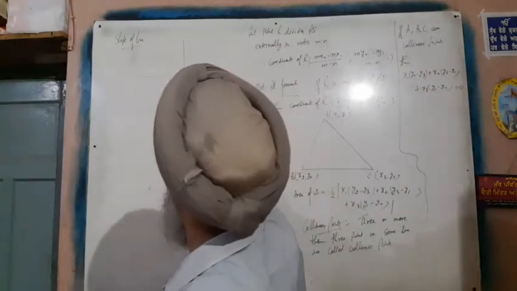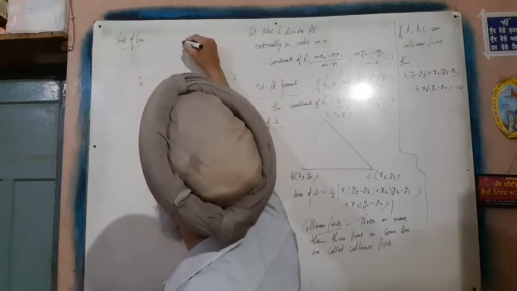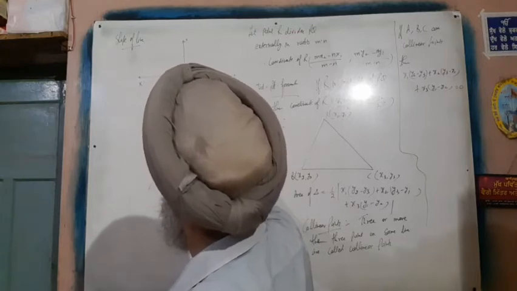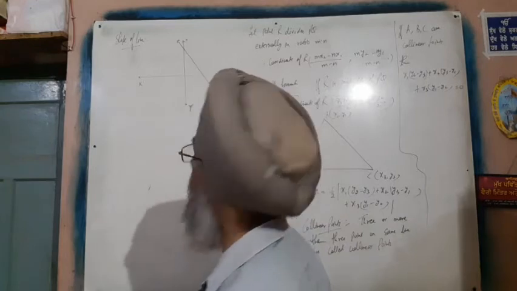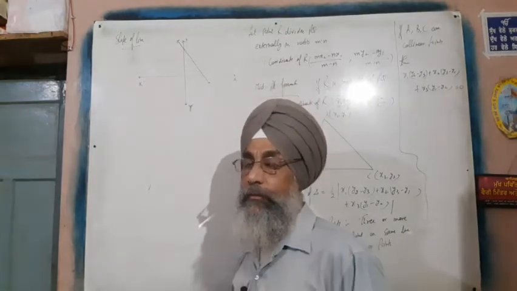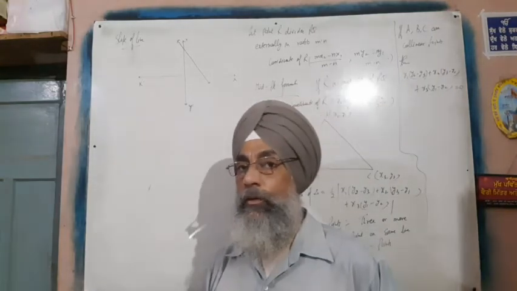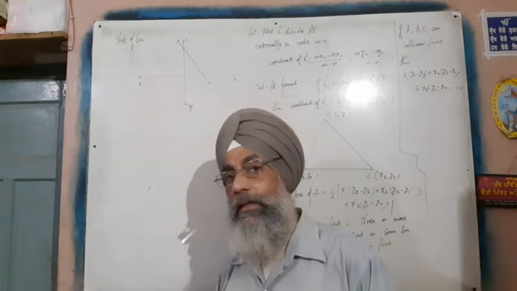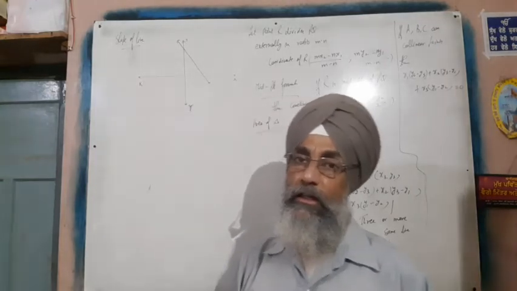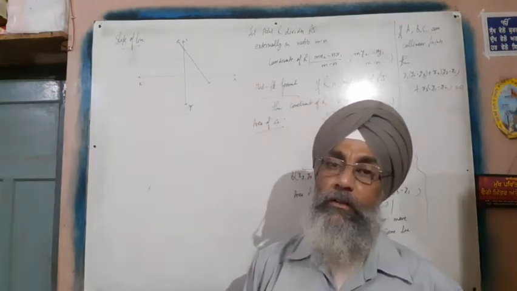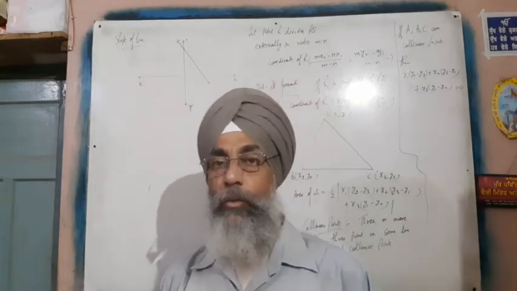Now this is the x and y axis, a coordinate plane. If we take this line, it is making an angle with the x-axis. We take the positive direction or the negative direction. As we discussed in trigonometry, the positive direction means the anti-clockwise direction, and the negative direction means the clockwise direction.